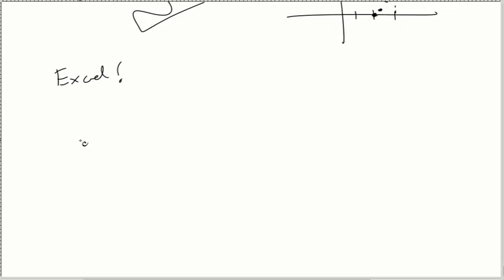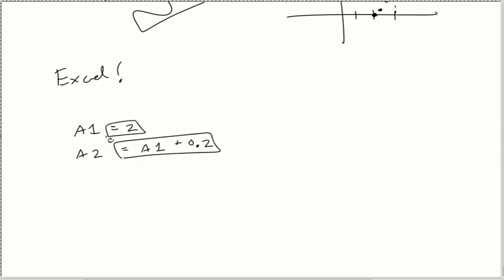Let me give you what I'm going to put in, and I'm going to demonstrate it. So in A1, I'm going to put a 2, because that's my starting X value. And then in the A2 slot, I'm going to say equal sign A1 plus 0.2. This is literally what I'm putting into my cells. In my B1 cell, I'm just going to say equals 0.